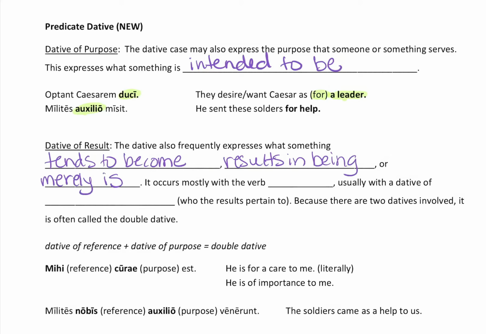It occurs mostly with the verb esse. It doesn't have to, but occurs mostly with the verb esse, usually with a dative of result. Who do these results pertain to? That's the dative of result. Who do these results pertain to? Okay. Because there are two datives involved, it is often called the double dative.